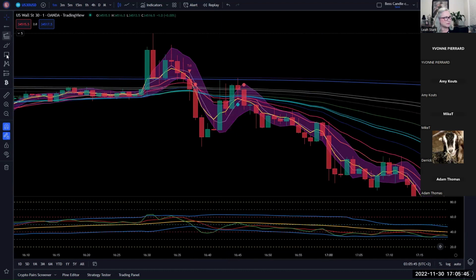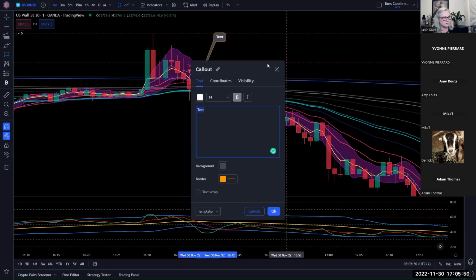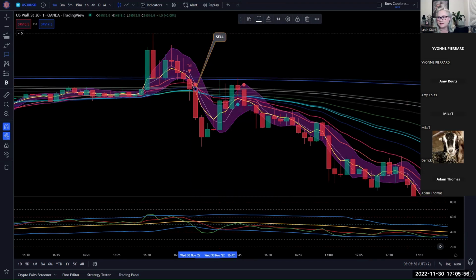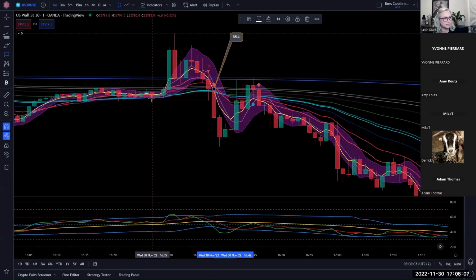So I'm going to mark the candle that the trade was taken on. So this was a sell, I'm assuming. And I think I'll just kind of talk about what I see here. And then Mike, maybe you can let me know if it's in alignment with the reasons you took the trade.